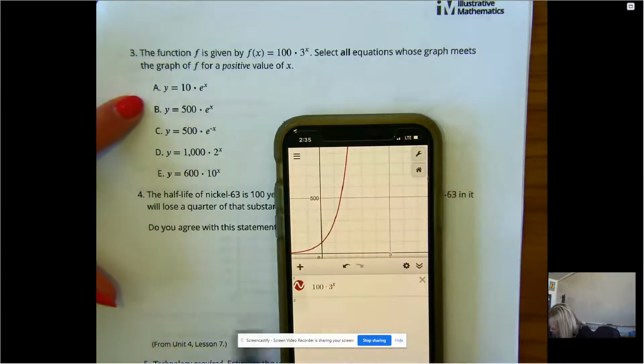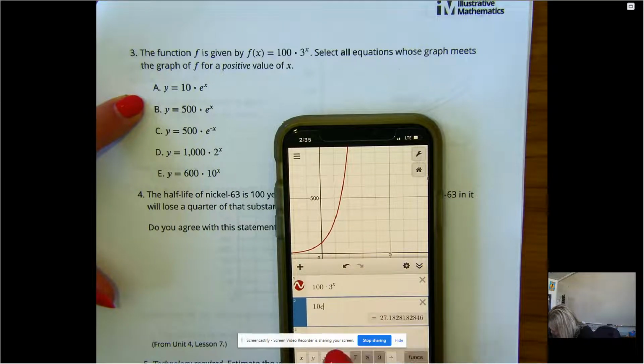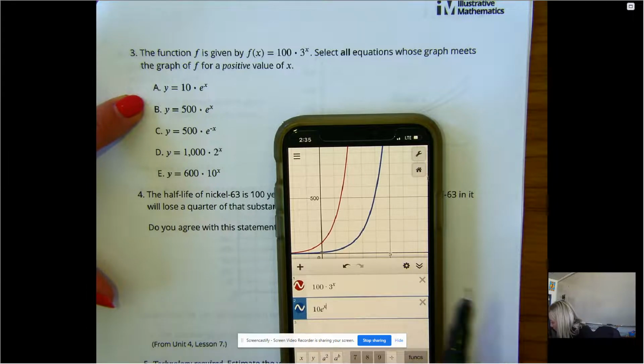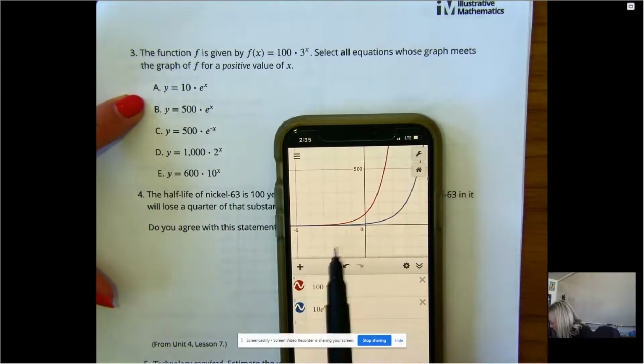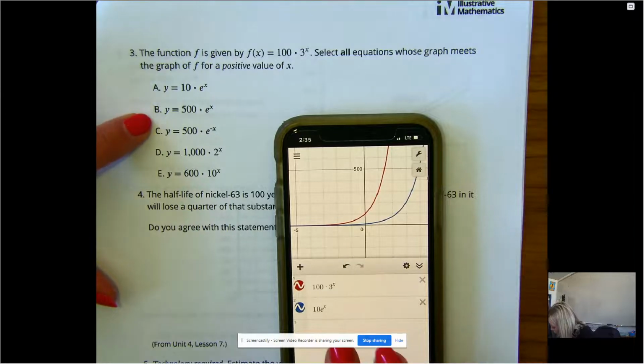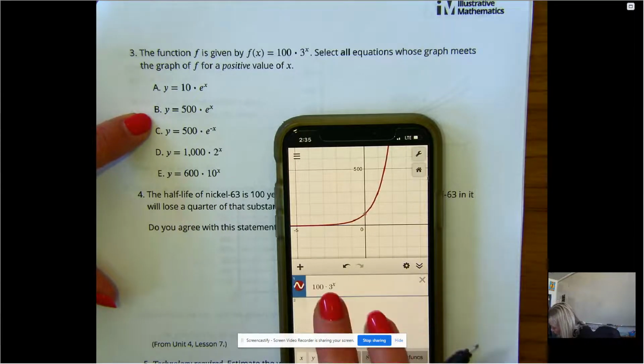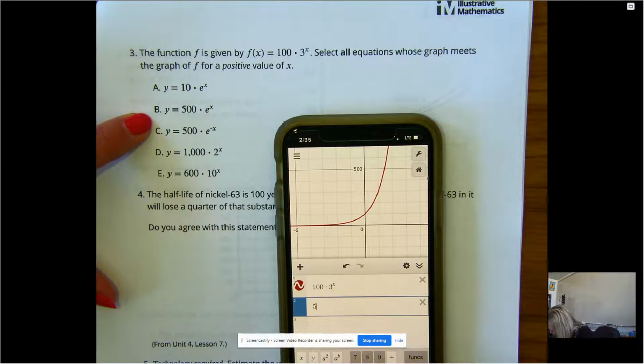And then 10 times e to the x, oops, not to the y, to the x. All right, so you can see that they're going to meet back here where it's negative, so not that one. So let's try 500 times e to the x.